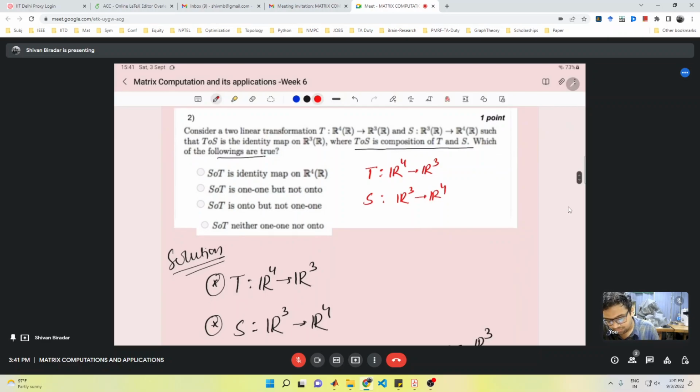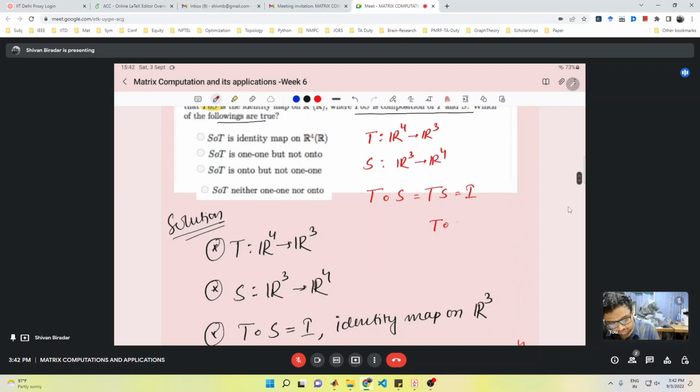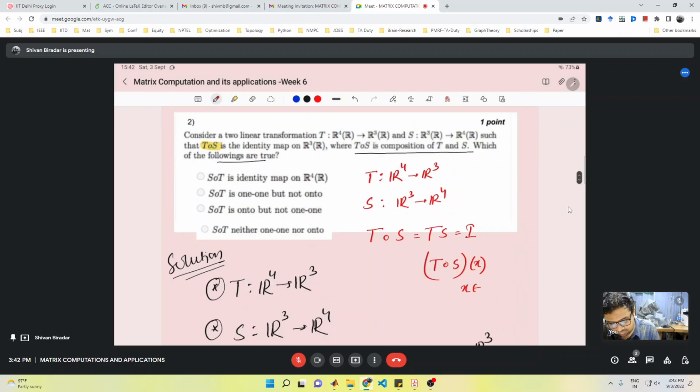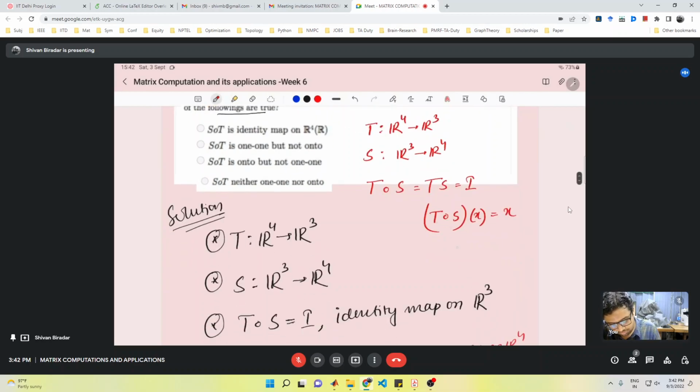One more important piece of information given to us here is that T composition S, which can also be written as TS, is an identity map, which means that T composition S, when operated on any vector x belonging to R3, would give us x.